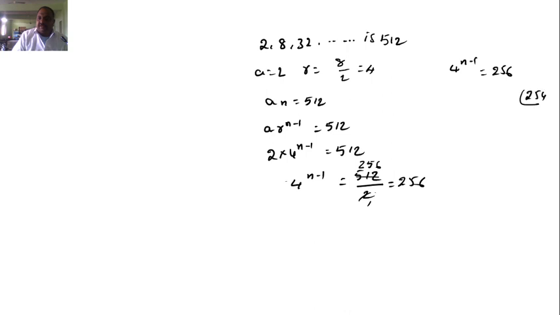256 divide with 4, because here the base we are having is 4. 4 sixes are 24, 4 fours are 16, again 4 ones are 4, 4 sixes are 24. 4 fours are 16, 1, 2, 3, 4. 4 power n minus 1 is equal to, instead of 256 we will write 4 power 4.